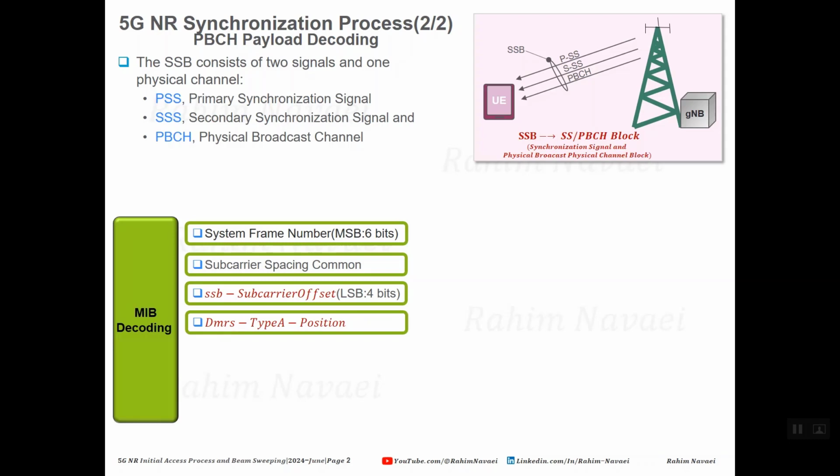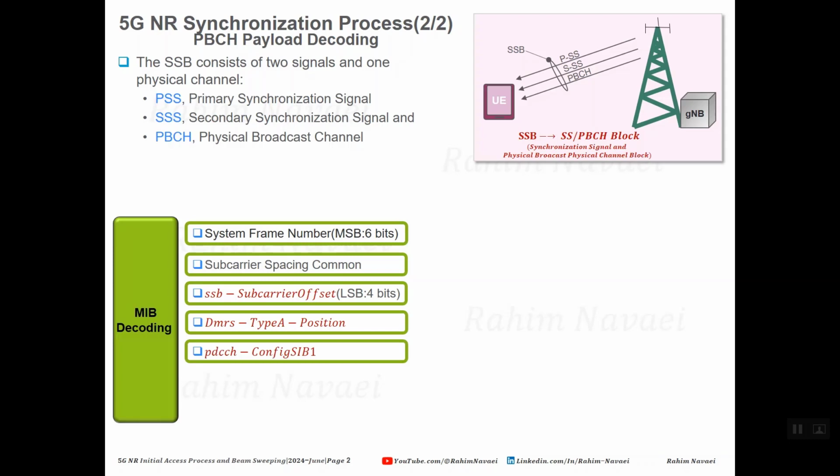DMRS type A position. This parameter is essential for a 5G device as it indicates where to find the demodulation reference signal in the downlink transmission, which is necessary for demodulating the physical shared channel PDSCH mapping type A. PDCCH config SIB1 includes 8 bits.